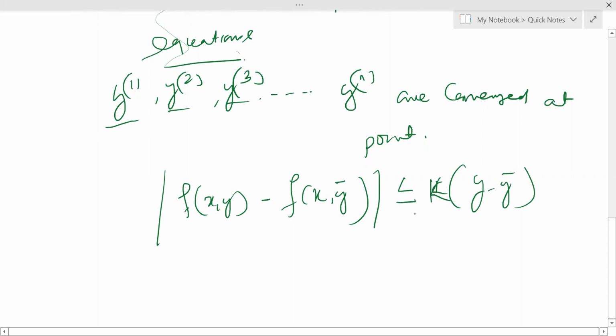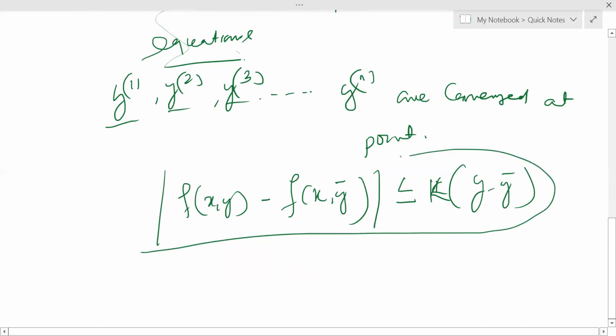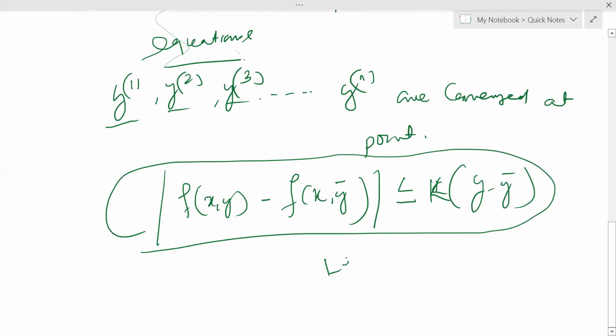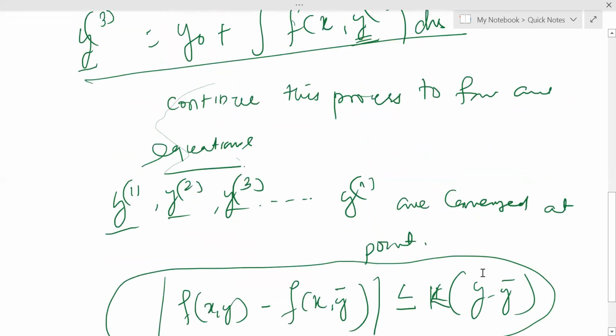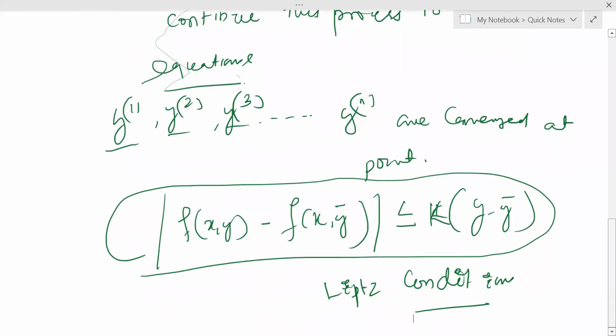That is the convergence condition at this point. और this condition को हम कहते हैं Lipschitz condition. So just you can see one example.